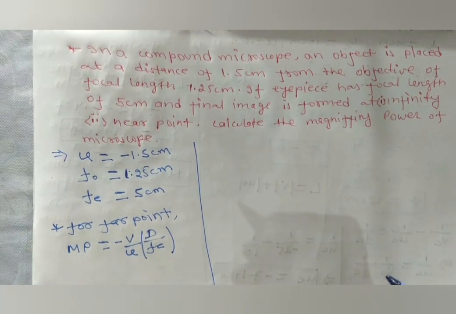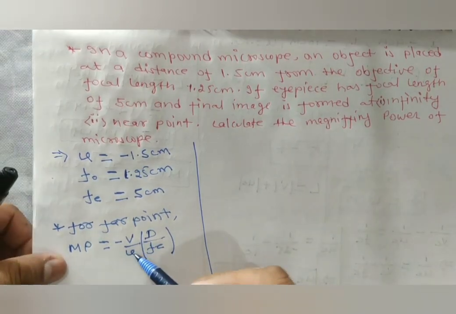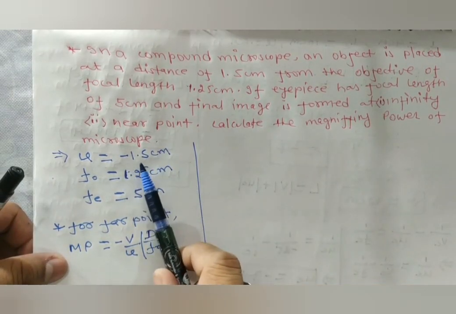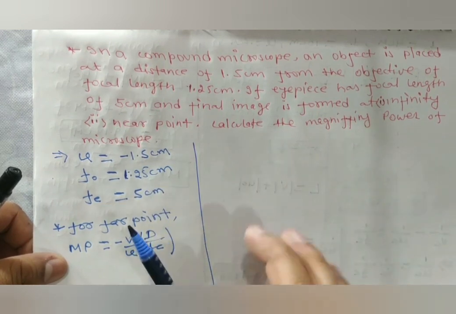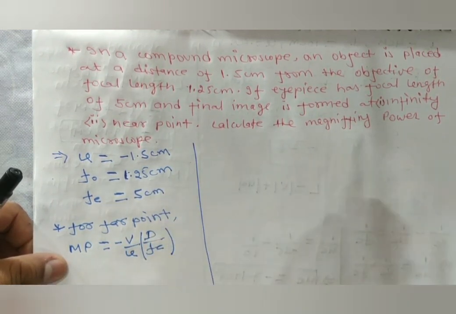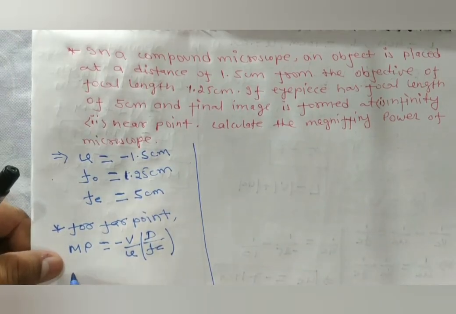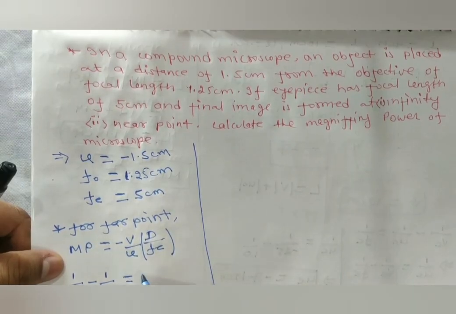Now, U is given, 1.5 centimeter. V is not known in this question. D is known and Fe is known. Now we have the formula 1 upon V minus 1 upon U equal to 1 upon F naught.